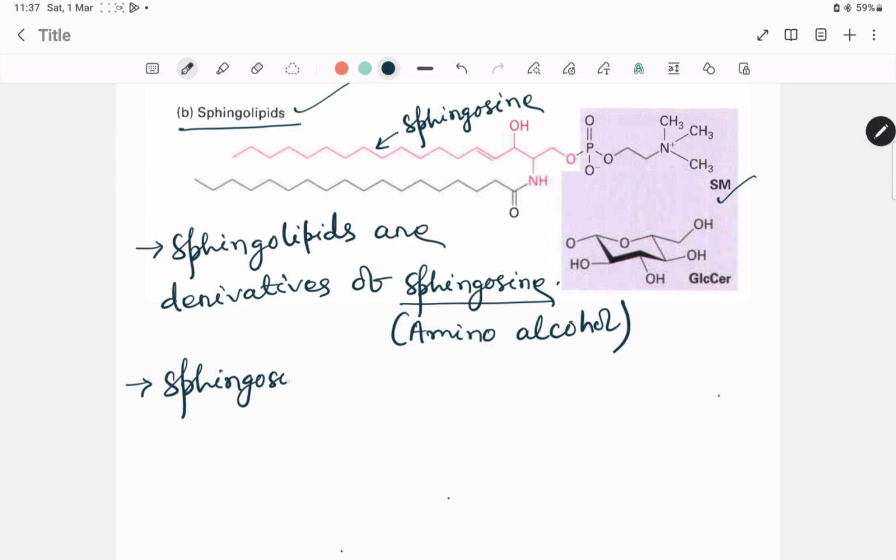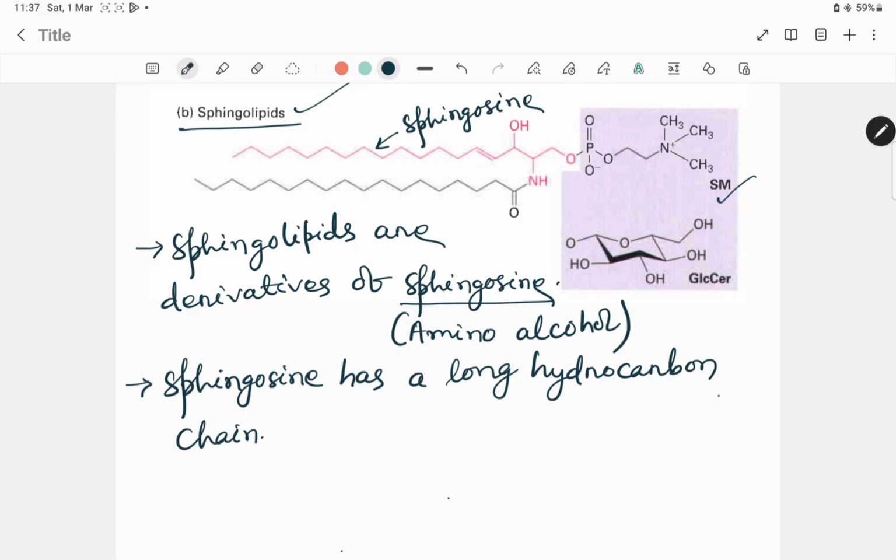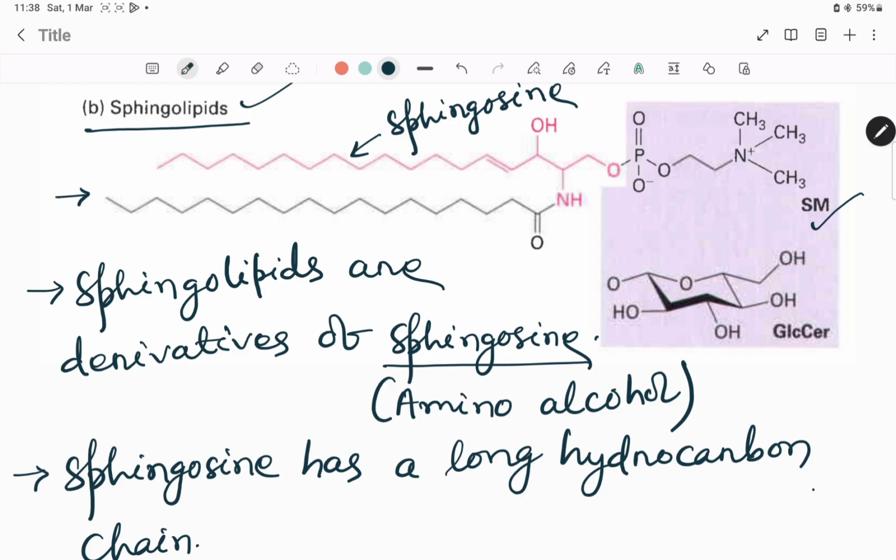Sphingosine has a long hydrocarbon chain. This black colored group is called the fatty acyl chain.